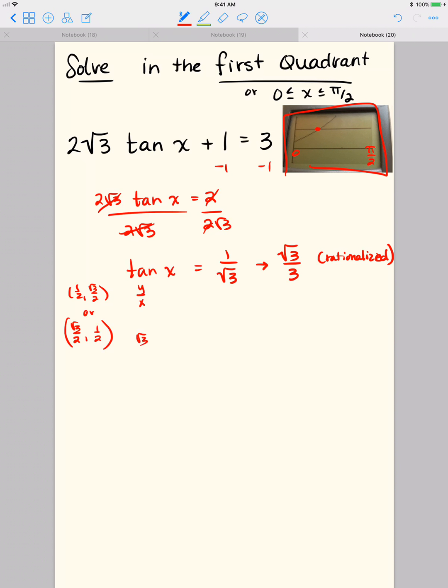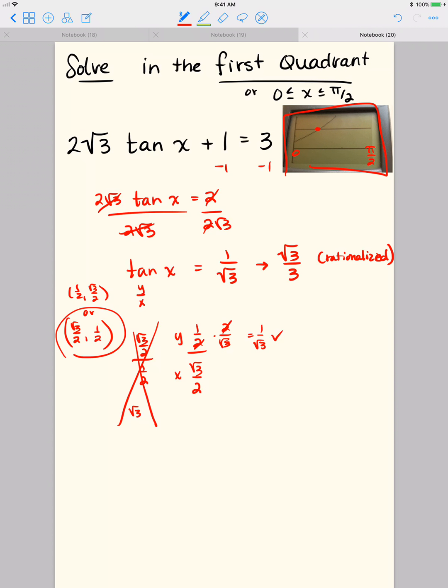So if I do root 3 over 2 over 1/2, those will end up canceling to just square root of 3. If I do 1/2 over square root of 3 over 2, where it'll multiply 2 over square root of 3, that would give me the right corresponding ratio that I need for tangent, and that is where the y value is 1/2 and the x value is root 3 over 2.